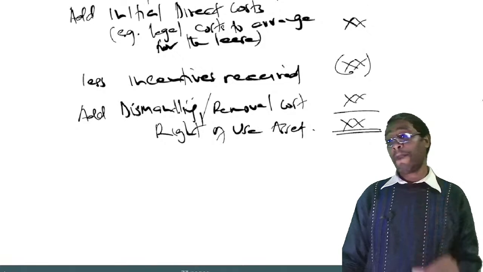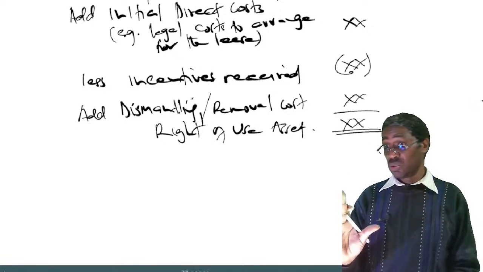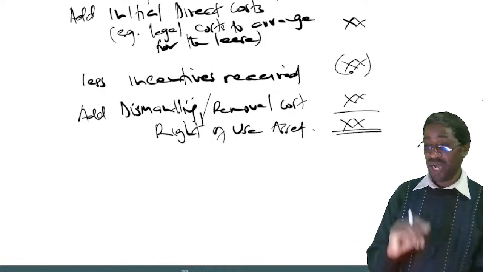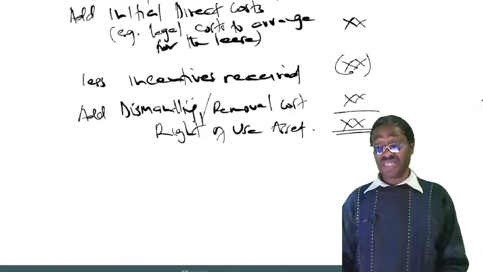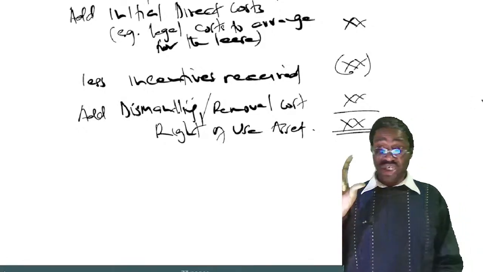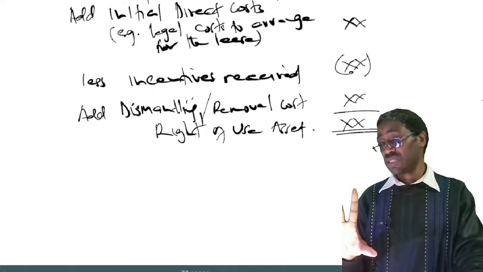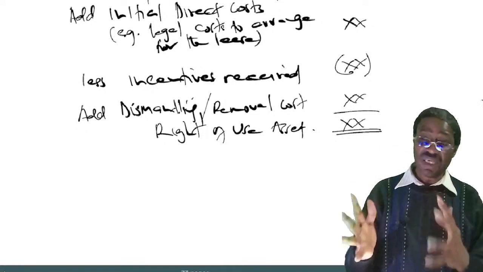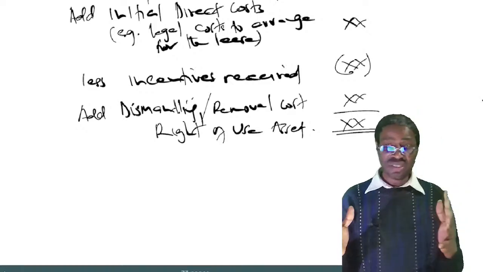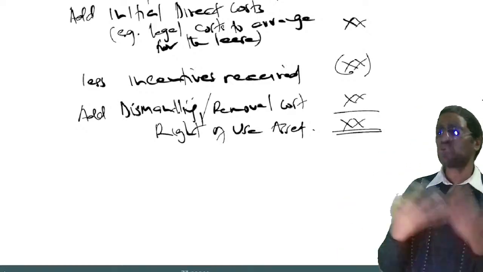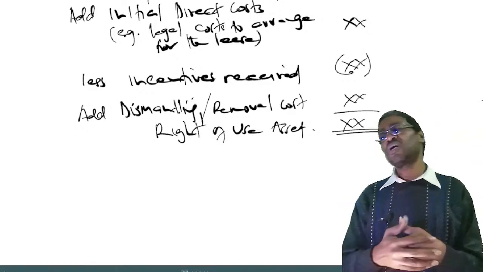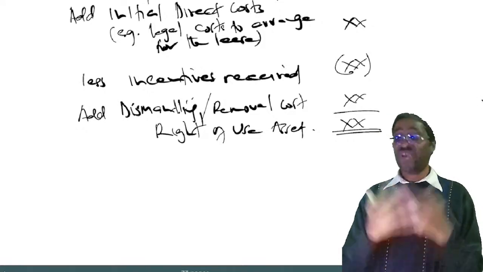Listen. I told you the lessor, according to the new accounting standard, should not classify the lease. Of course, the lessor has the right to classify the lease as operating or financing.